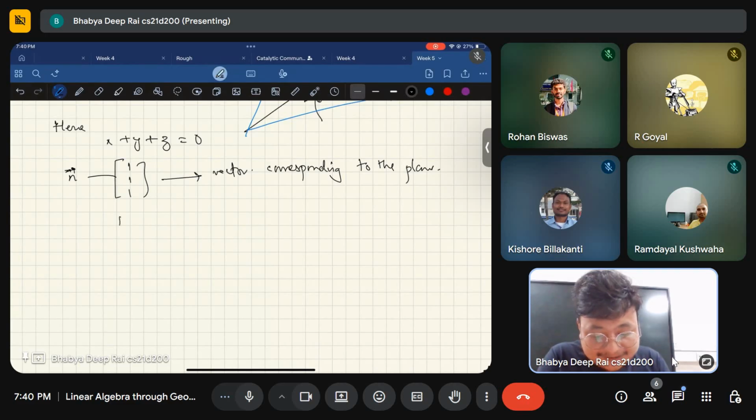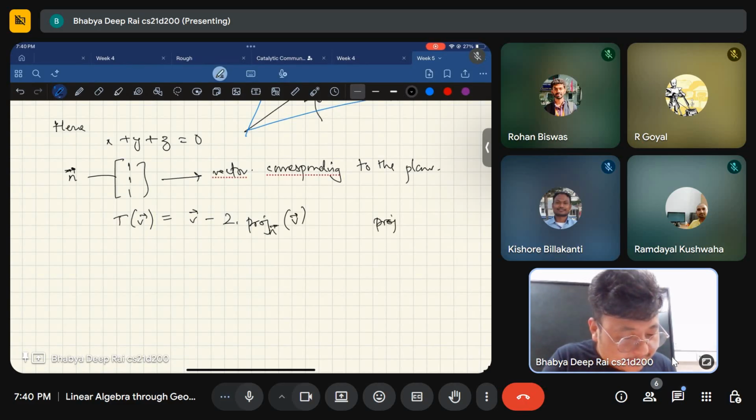So therefore I can directly use this to my advantage. I can just apply this formula, v minus 2 times the projection onto n of v. But what is the projection onto n of v?